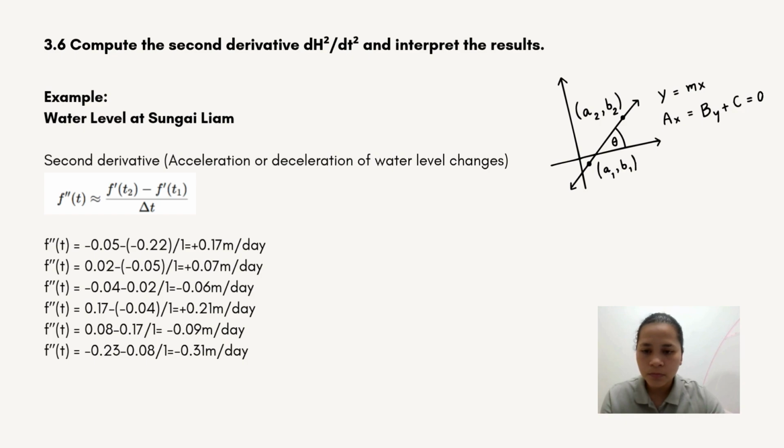Okay, how to calculate: negative 0.05 minus in brackets negative 0.32, divided by 1, and we got 0.17 meter per day. Negative 0.05 comes from the result of the earlier calculation for the first derivative.